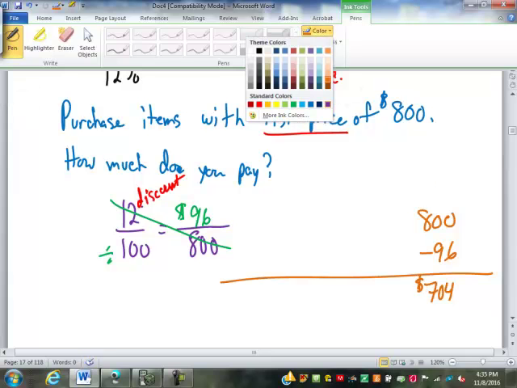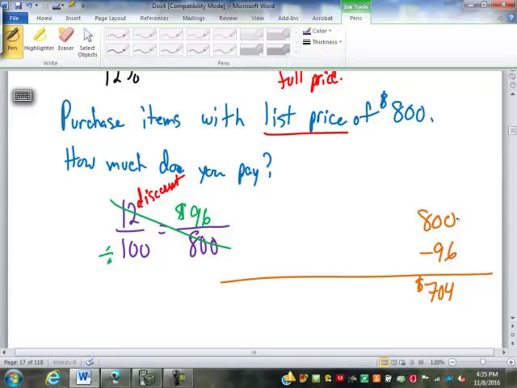Now I left myself some space here because I'm going to fill some things in. So there's a basic formula here where we can look at this and say list price or full amount minus the discount equals what we paid.